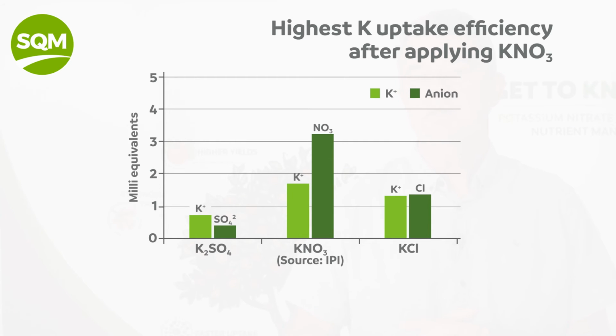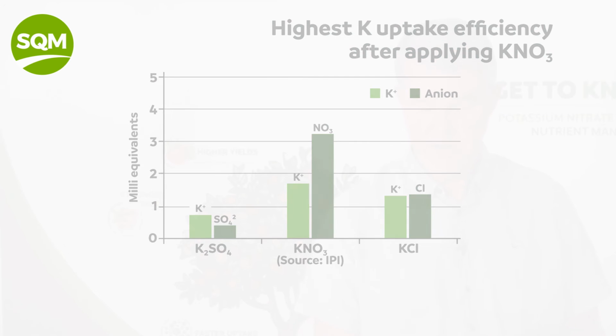You can see the different potassium sources, potassium sulfate, potassium nitrate and potassium chloride, and the center two graphs show the synergy between the potassium and the nitrate uptake, because they're both required in large amounts and they help each other into the plant. So it's a very good demonstration of how the nitrate and other cations, in this case potassium, work together.